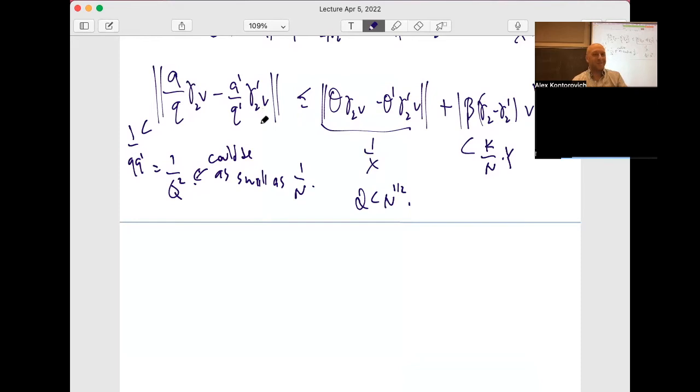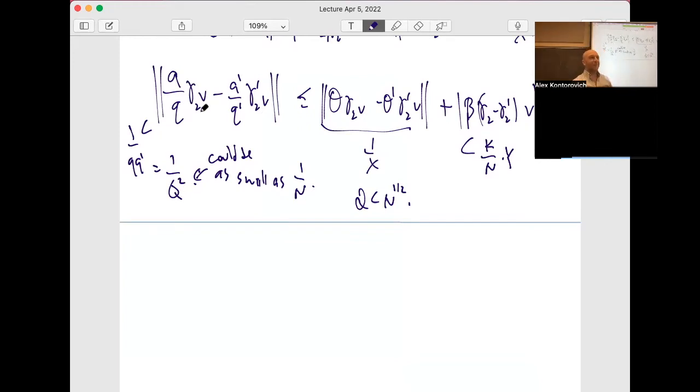Wait, what happens if... I'm still not seeing it. K is small. Yeah, think of K as 1. This is still 1 over x, and x is like root n. And on the other side, we're getting 1 over q squared, not 1 over q, because we freed the q and the q prime.